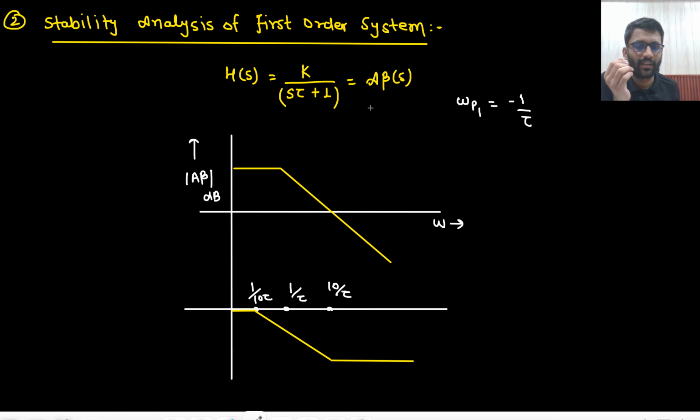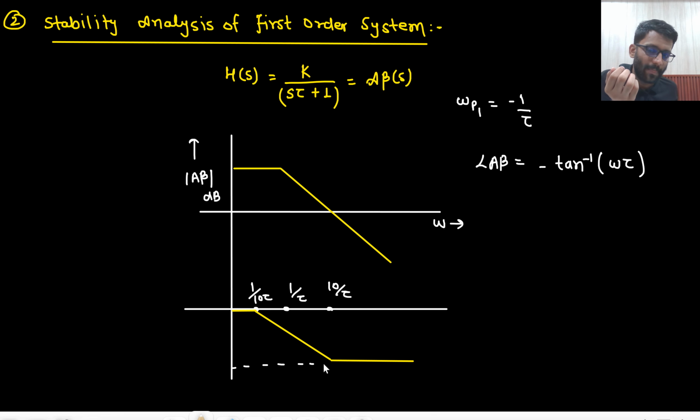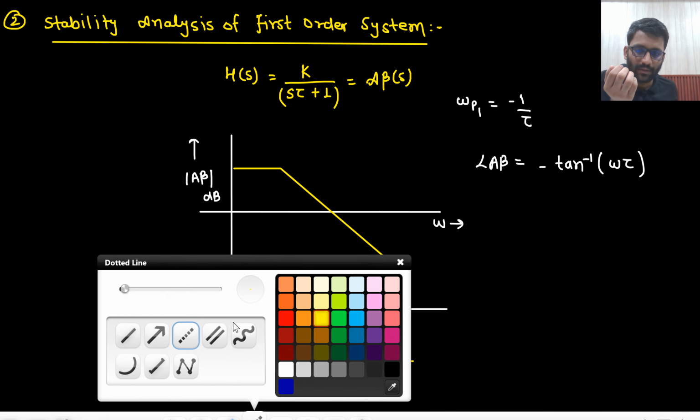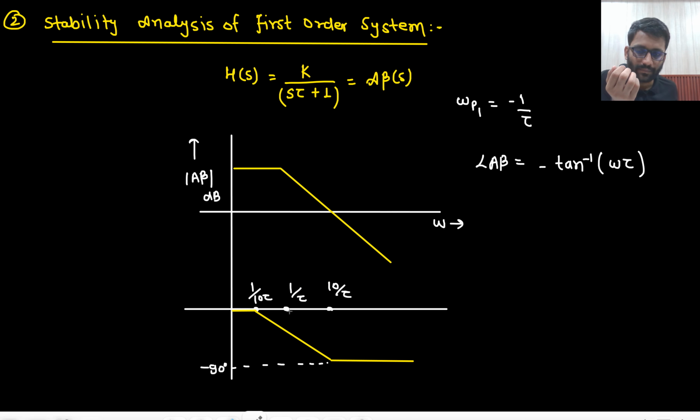At omega equal to infinity, you will get minus 90 degree, right? What is the phase shift? That is minus tan inverse omega tau. So if you put omega equal to infinity, you will get minus 90 degree, or you also know the rule as well. This will be your minus 90 degree. This is minus 45 degree.